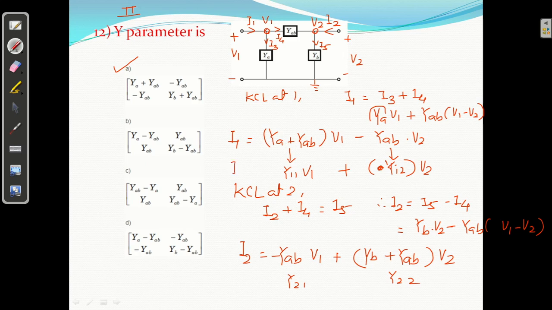This is the standard equation. Y12 is minus YAB, right? And this is your second equation, so minus YAB, and this is Y22. So answer A is correct, right? Answer A is correct.